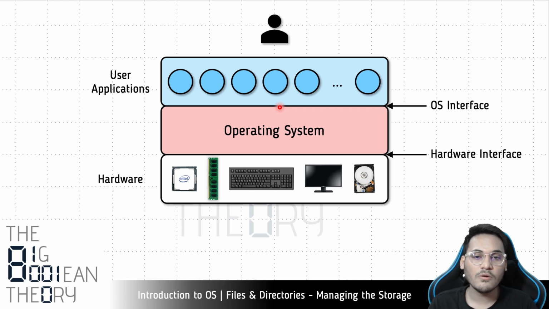That is why all of these user applications need to store their data persistently on these storage devices. Hence, the operating system must carefully do resource allocation and manage them in an efficient manner so that the requests from the user applications for storing their data persistently can be properly fulfilled.